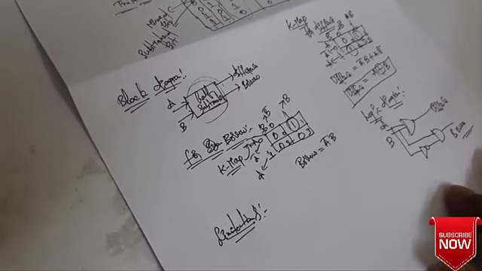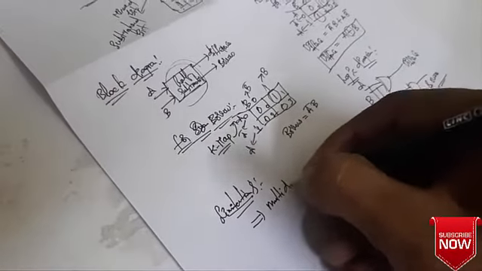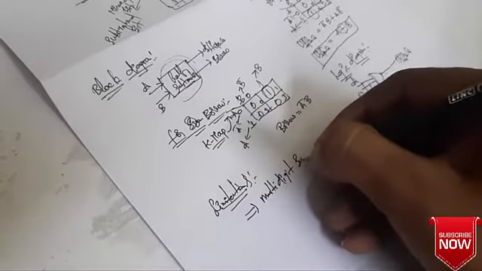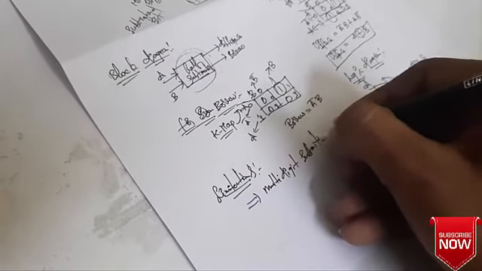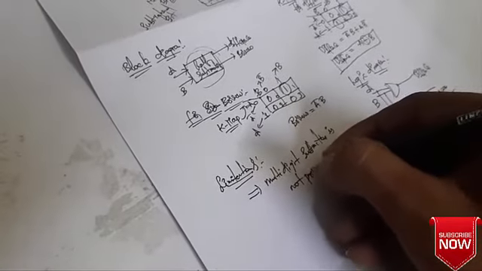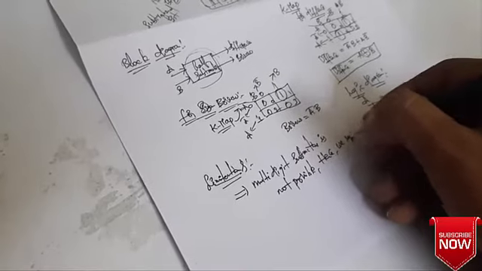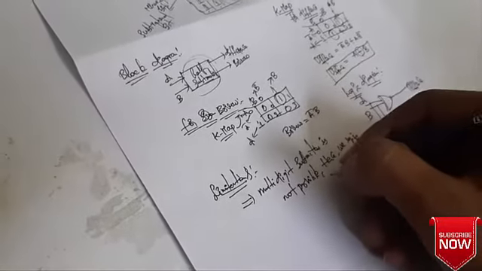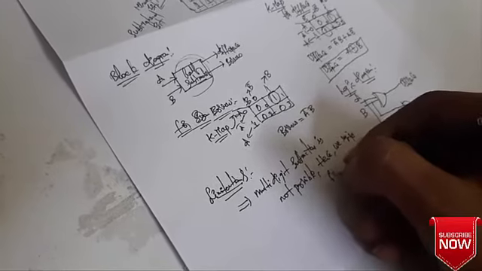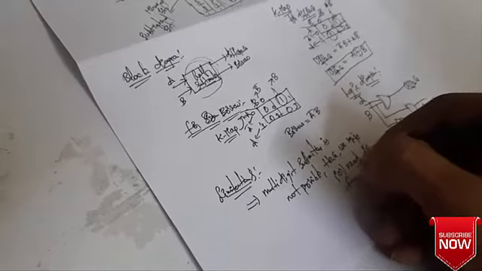It is not possible in the half subtractor. That means multi-digit subtraction is not possible. Hence we require the full subtractor.